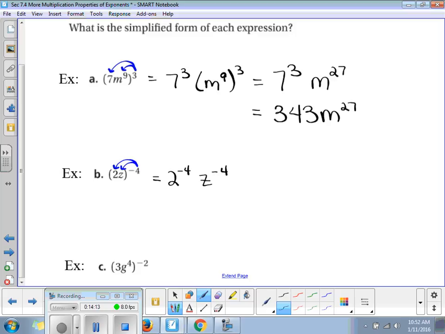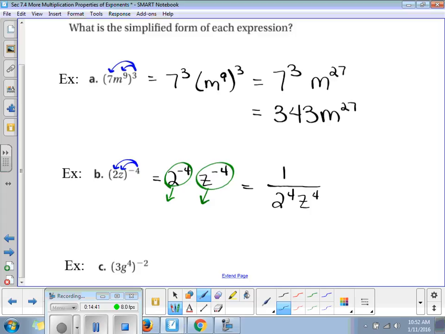What do I do when I have a negative exponent? You flip them. So that means that this is coming down to the denominator and this is coming down to the denominator. When I bring those down to the denominator, what goes to the numerator? 1. Very good. So we end up with 1 times 1 for both of them, which is just 1. So we're just going to put 1 over 2 to the 4th, z to the 4th.